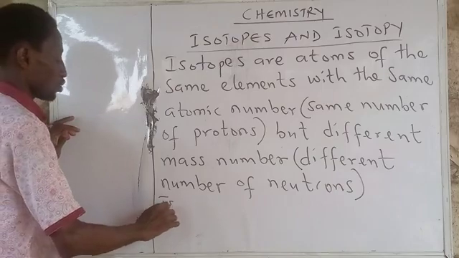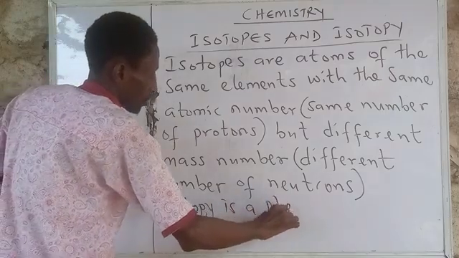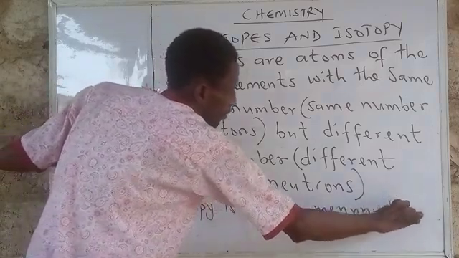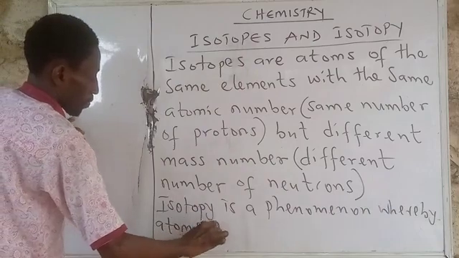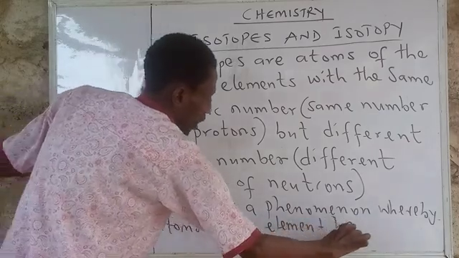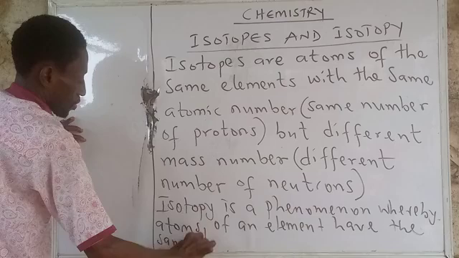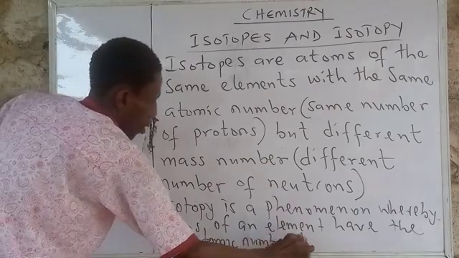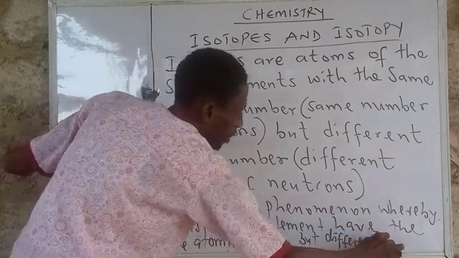So you can say isotopy is a phenomenon whereby atoms of an element have the same atomic number but different mass number.